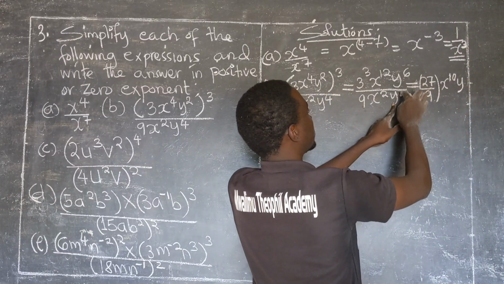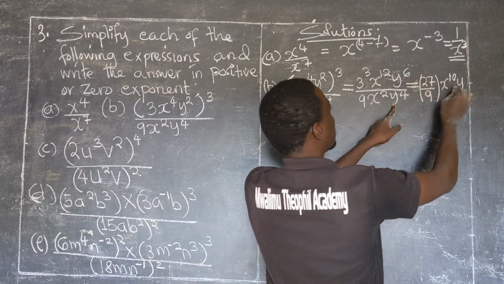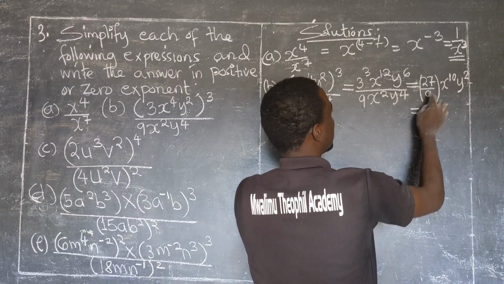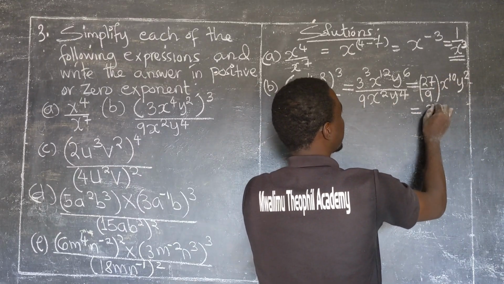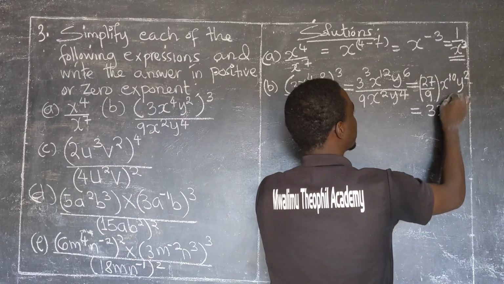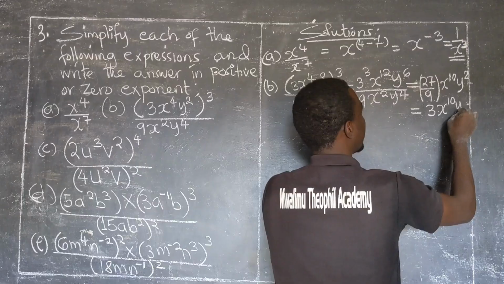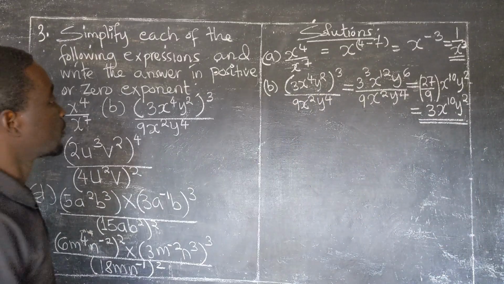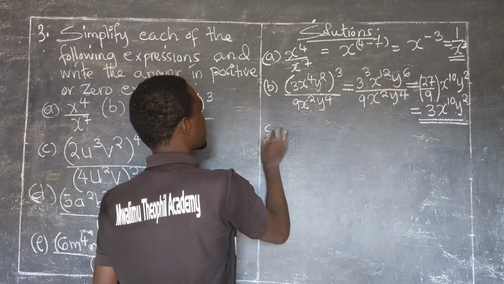We subtract the exponents as it is division. 6 minus 4, we get 2. Now the final answer will be 27 divided by 9, which is 3, times x raised to 10 times y raised to 2. This is the answer.